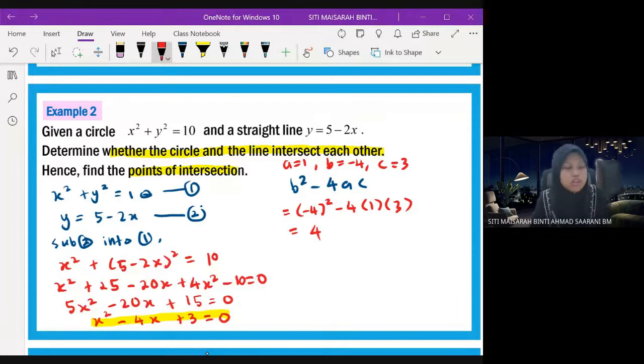So kalau 4, ini nilai apa? Positive or negative or equal? This is supposed bigger than 0. So we get B square minus 4AC is bigger than 0.